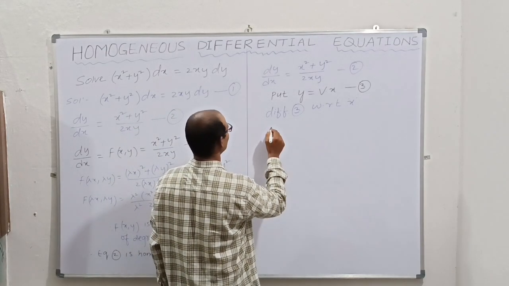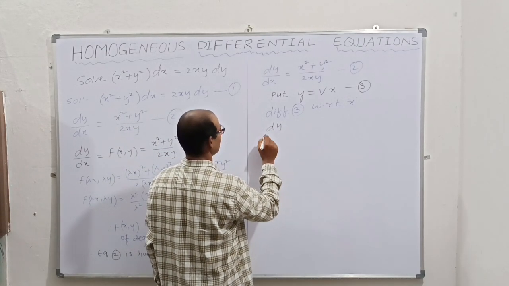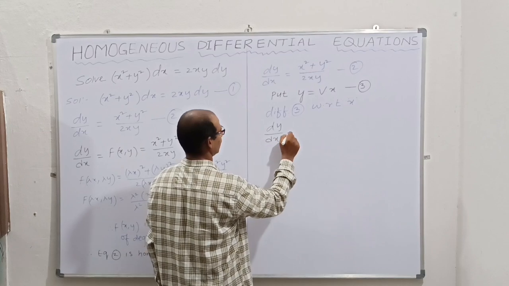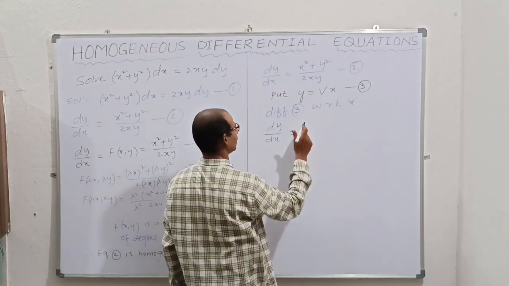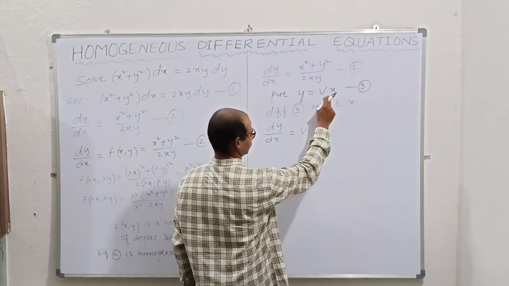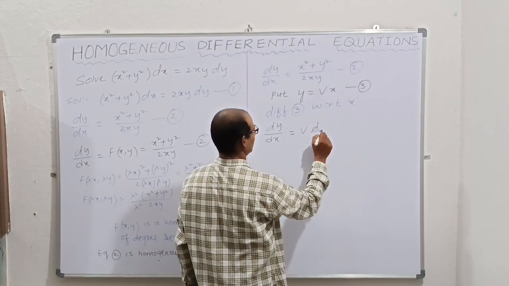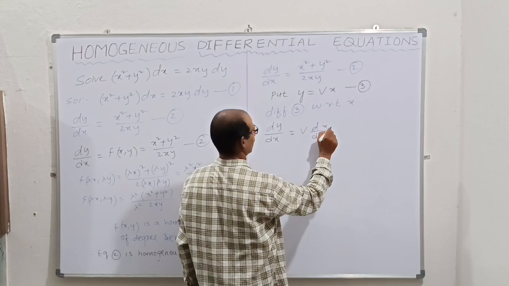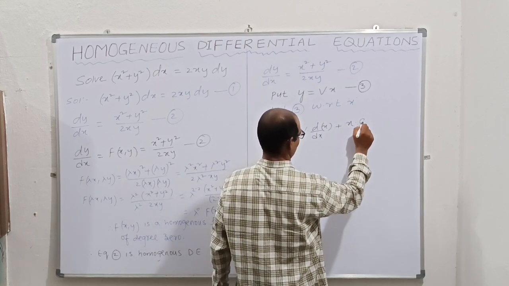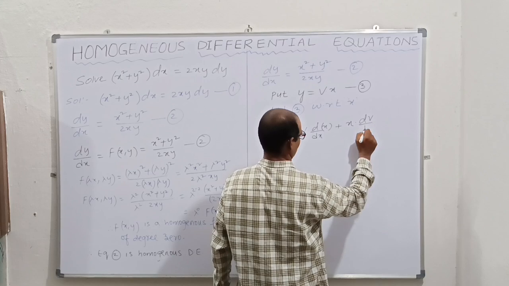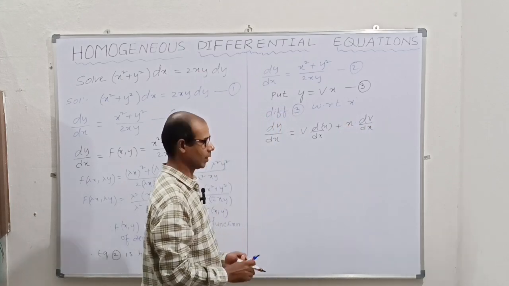So therefore dy upon dx, here we have to use the product rule. So v into d by dx of x plus x into dv upon dx, right?